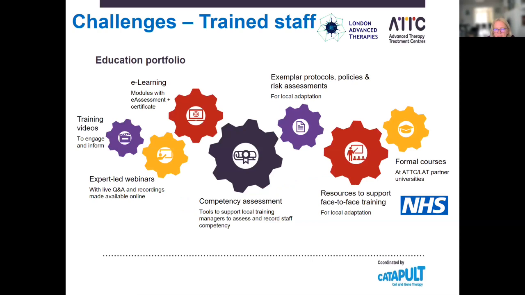Now, another challenge in the field, and I think I'm almost finished here, is there's currently not enough trained staff within the NHS to help with the development of gene therapies as part of clinical trials, but also with the delivery of gene therapy-based medicines once they are licensed. And there's a lot of initiatives in the UK trying to upskill NHS staff and allied healthcare professionals to help with this space.